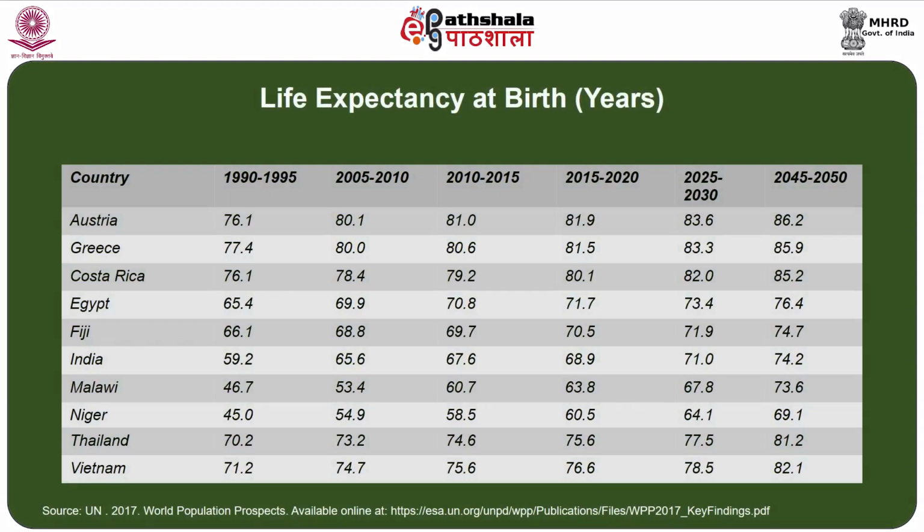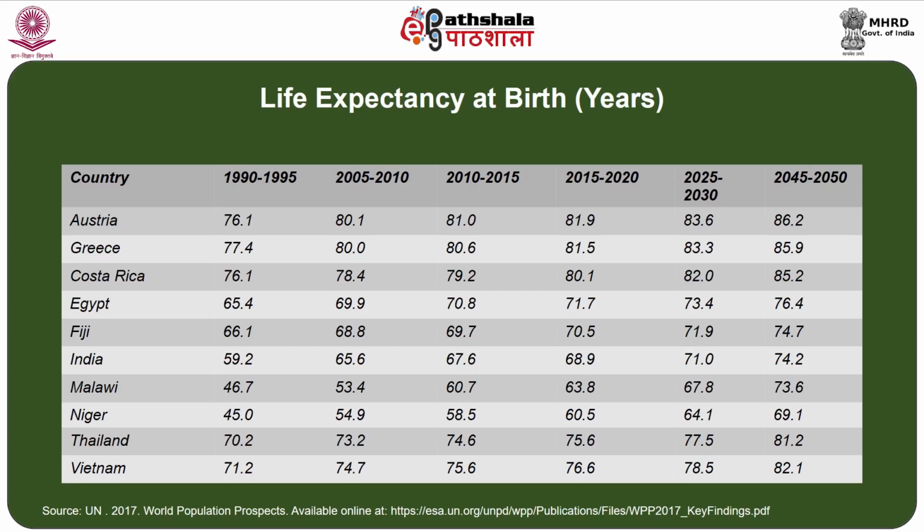The analysis shows clearly that for all countries, life expectancy at birth has generally been on an increasing trend, although the range even in 2010 to 2015 varies significantly across countries, with Niger, for example, having a life expectancy of only 58.5 years, Thailand as high as 74.6 years, and Austria as high as 81 years.